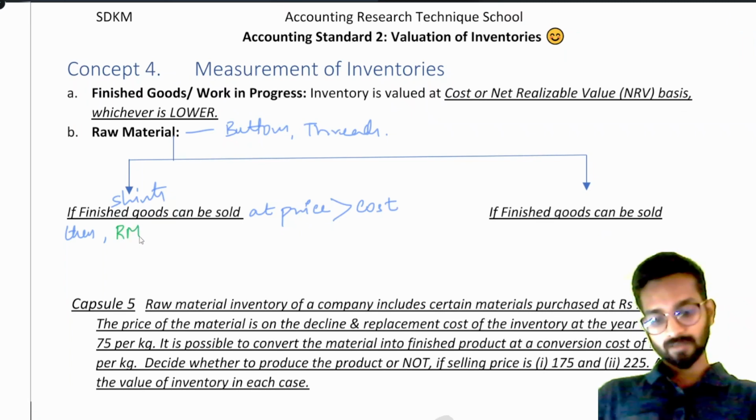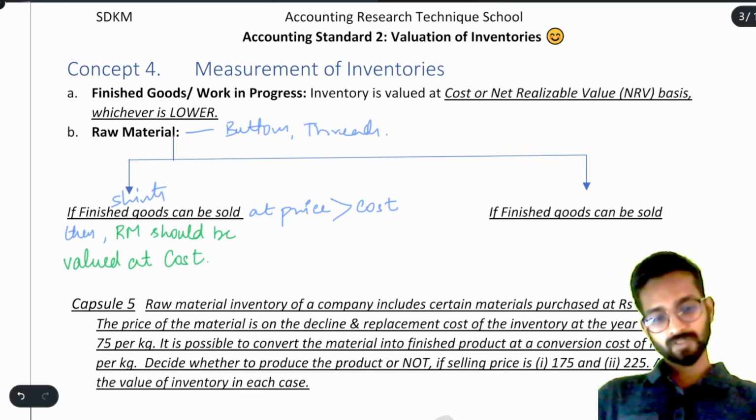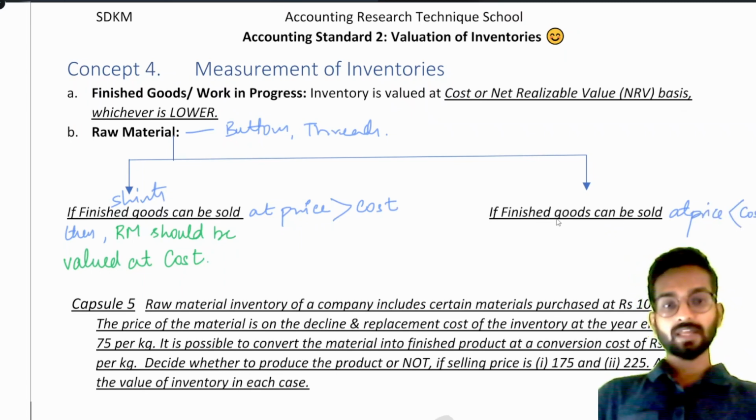raw material should be valued at cost. But if finished goods can be sold at a price less than cost, it means what? That we are incurring a loss. It means our finished goods cost was 50 rupees and we are selling it for 38.